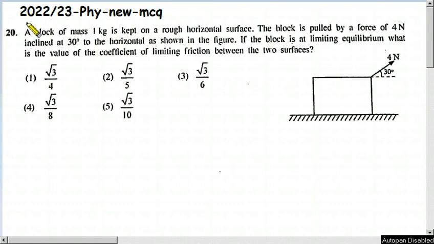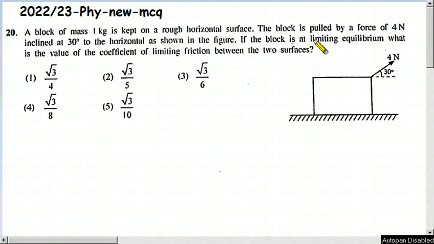Children, today I am going to discuss question number 20 from the MCQ part of the 2022-23 Physics New Syllabus paper. A block of mass 1 kilogram is kept on a rough horizontal surface. The block is pulled by a force of 4 Newton inclined at 30 degrees to the horizontal as shown in the figure.